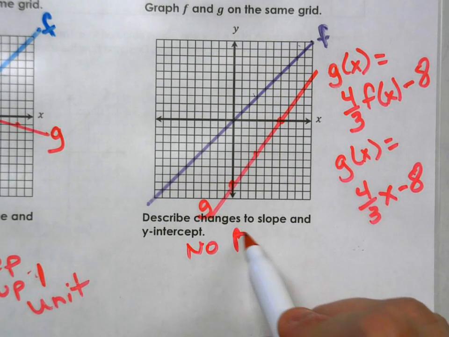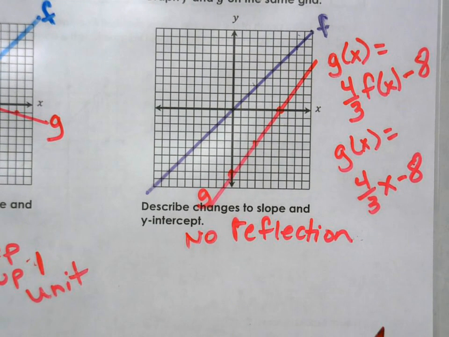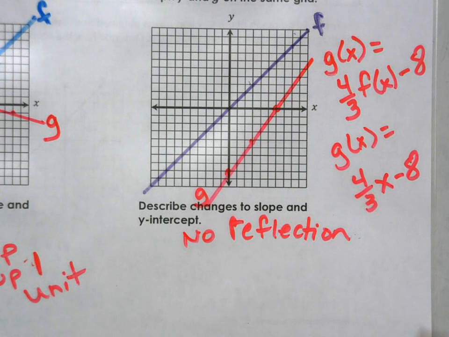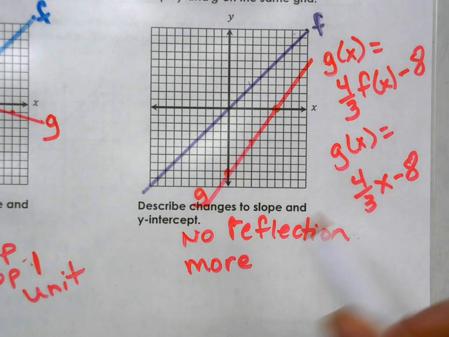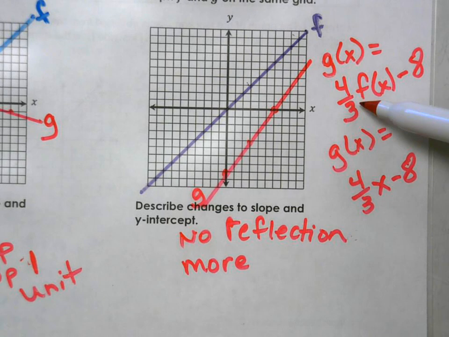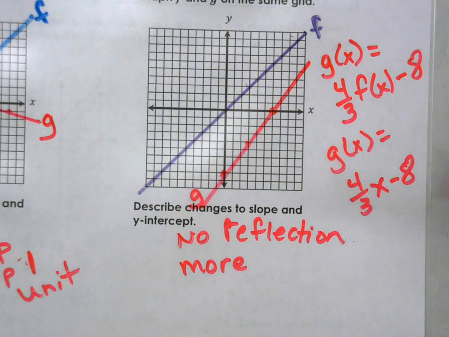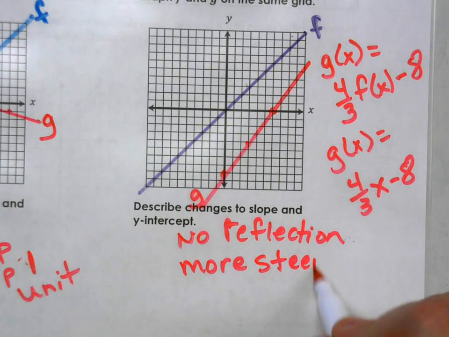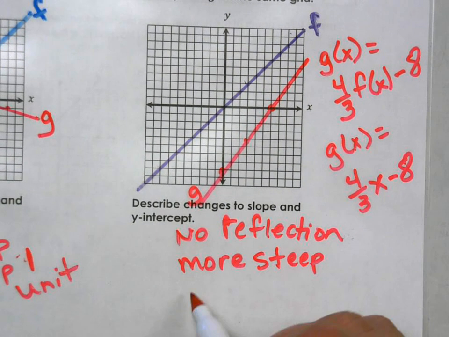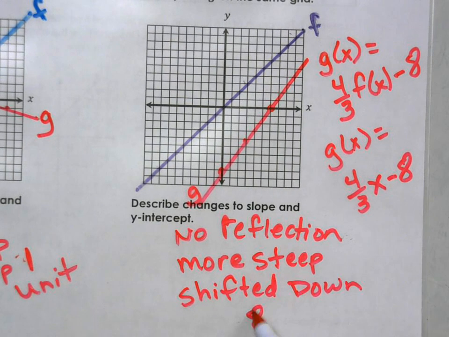So no reflection. Did it get steeper, more steep, or less steep? More steep. How do you know? Is 4/3 bigger than 1 or less than 1? It's bigger than 1 because 3 will go into 4 more than one time. So that makes it greater than 1. So it's more steep. And how was it shifted? Down 8. Shifted down 8 units.